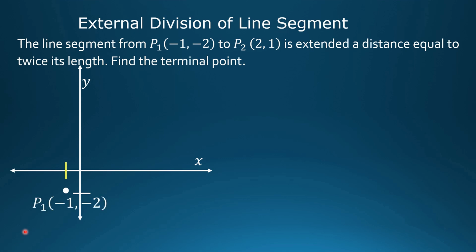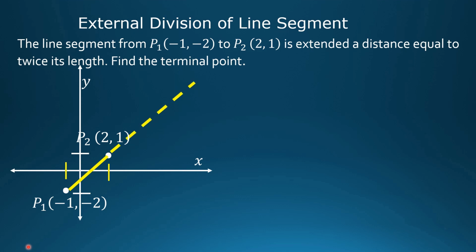So this is point P sub 1 with the coordinates -1, -2. And let us say this is the point P sub 2 with the coordinates 2, 1. Let us connect the 2 points. So this is the line segment P sub 1, P sub 2.